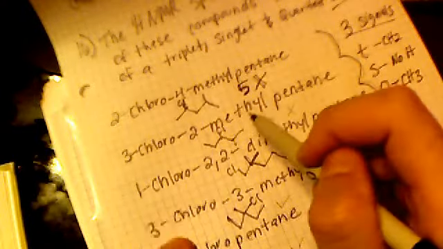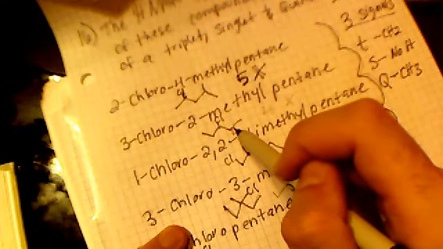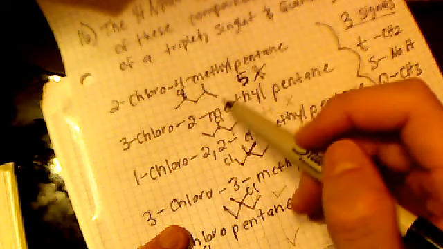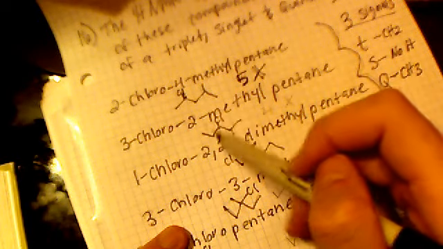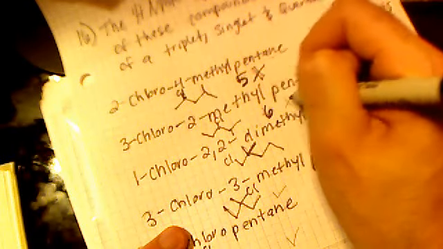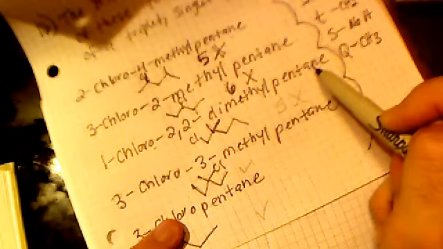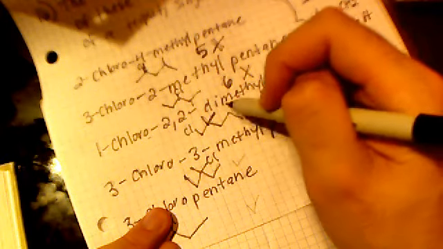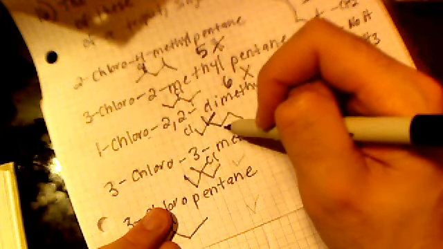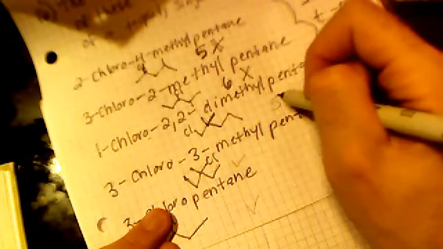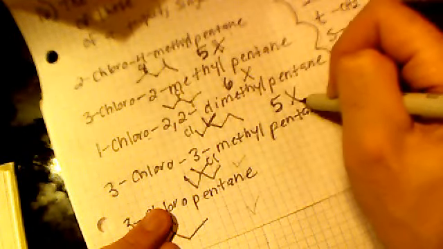This one I looked there, so there's 1, 2, 3, 4, 5. I think this one has 6 environments, so nope. 1-chloro-2-dimethylpentane. This has, let's say, 1, 2, 3, 4, 5. That has 5 environments. It's not going to work.